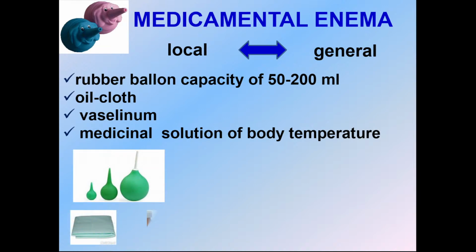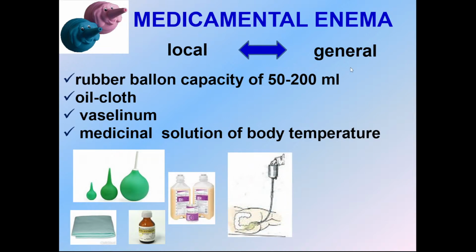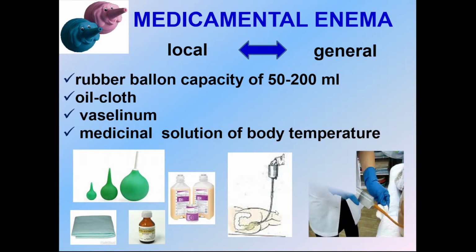You see different sizes of rubber balloon, vaseline, oilcloth, and some specific solution which may be introduced with medicamentous purpose. Sometimes this manipulation may be prolonged. We introduce the solution very, very slowly, in a drop-like order, regulating the speed of the medicine flow, and it is introduced during a definite time.